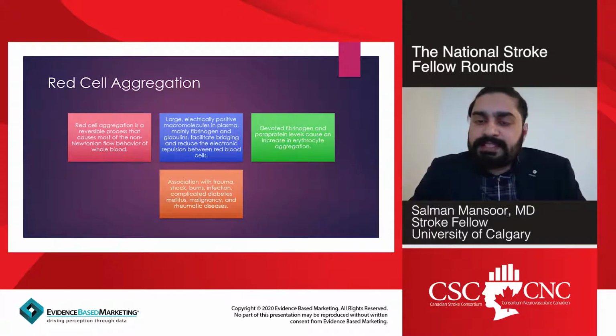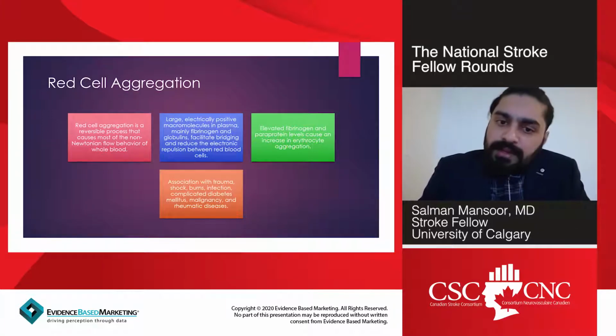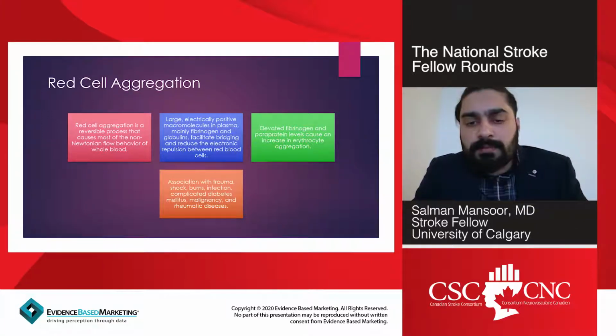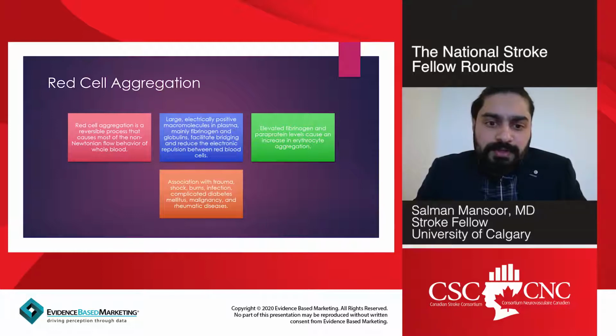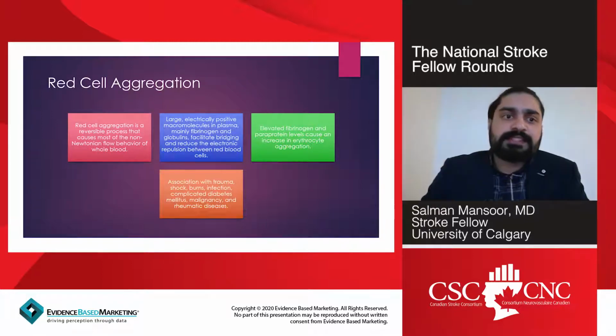In states where there are elevated fibrinogen and paraprotein levels, they cause increased erythrocyte aggregation, which is a more suitable environment for clot formation. The conditions, as I stated earlier, are trauma, shock, burns, infections, complicated diabetes, malignancy, and rheumatic diseases.